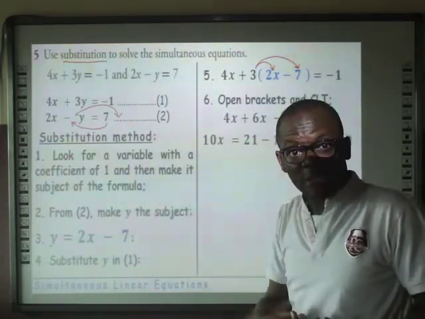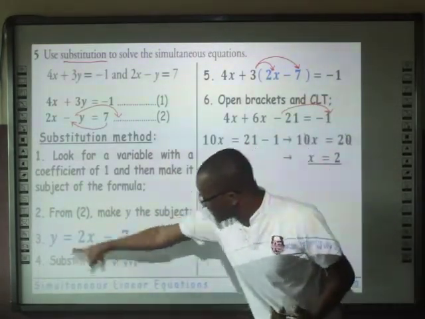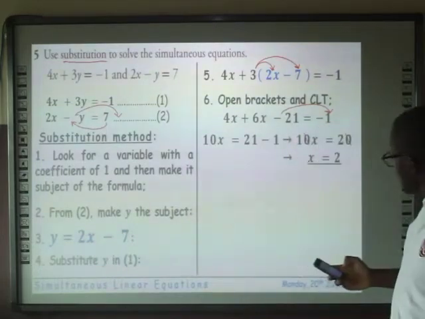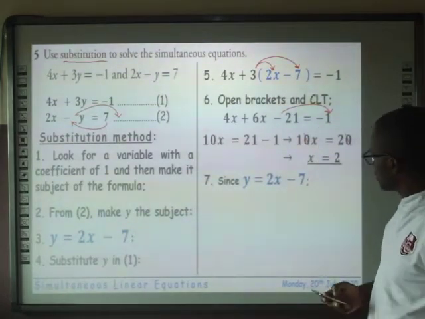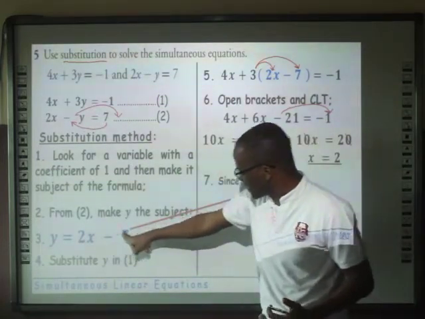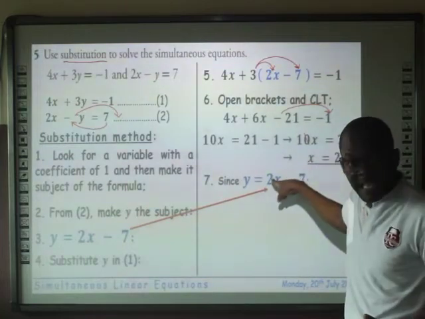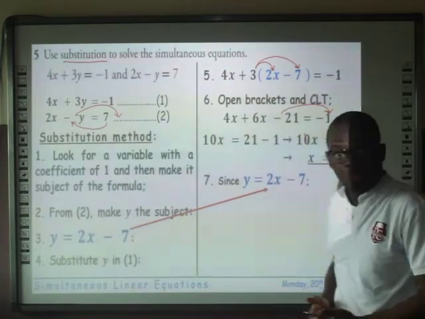And given this value of x, you get the corresponding value of y. Remember, since y is 2x minus 7, now that we have the value of x, we put this value of x in there to get the corresponding value of y.